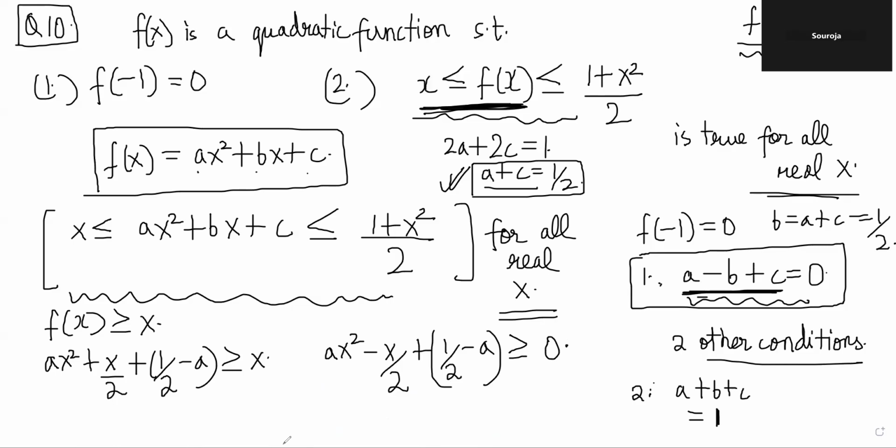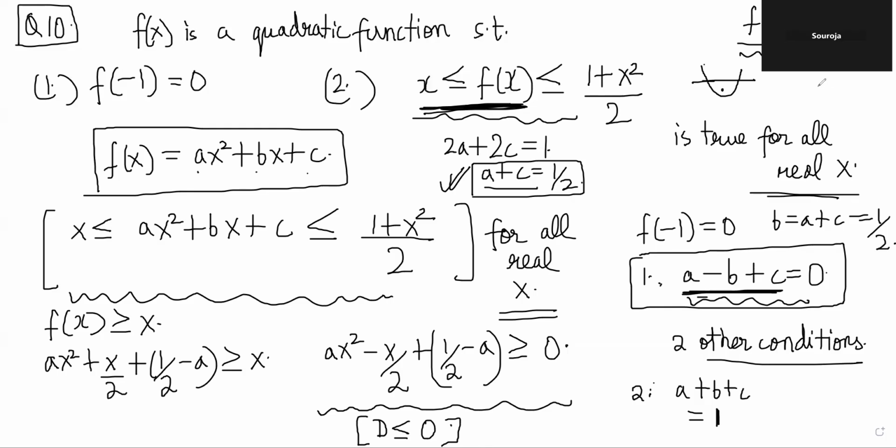So this quadratic being always non-negative can happen only when the discriminant is less than or equal to 0, right? Because if the discriminant is positive, then it will have a graph which will be negative sometimes, positive sometimes, right?